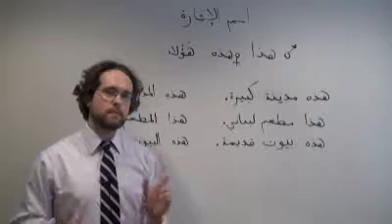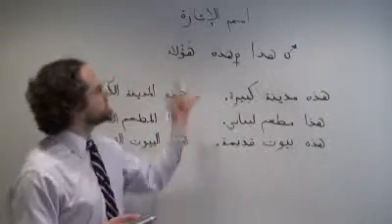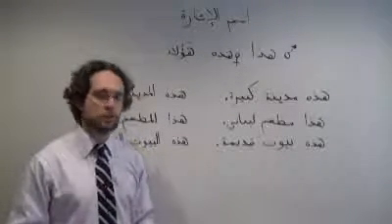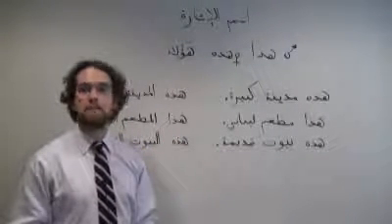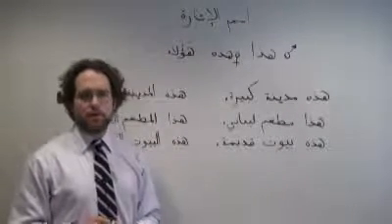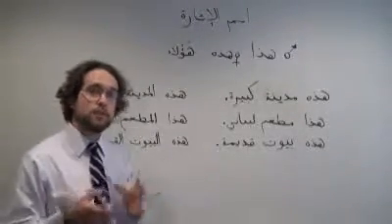Remember that in Fusha and in dialects, we're only going to use this plural form to refer to groups of people, right? Non-human plurals are grammatically feminine in every way, as we're going to see in some of these examples. So, as I said, we can use these when we're building sentences or just phrases.